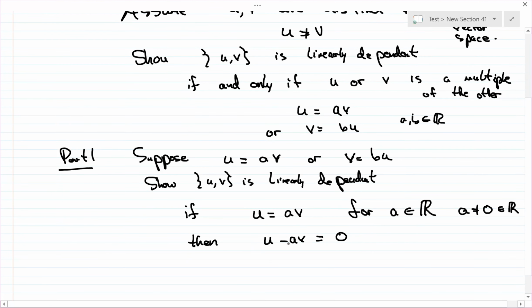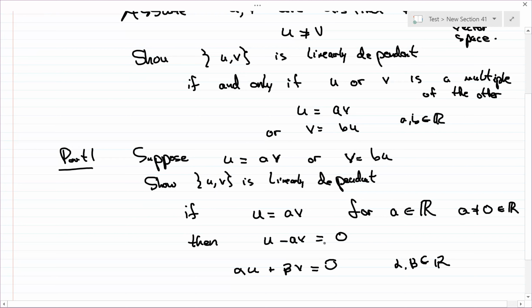We have a linear combination of these two guys, and there's a solution. So what's a linear combination of these two guys? Something that looks like alpha times U plus beta times V, where alpha and beta are real numbers. And they would be linearly dependent if there's a solution of this which is non-zero, right? In other words, where alpha and beta are not both zero.